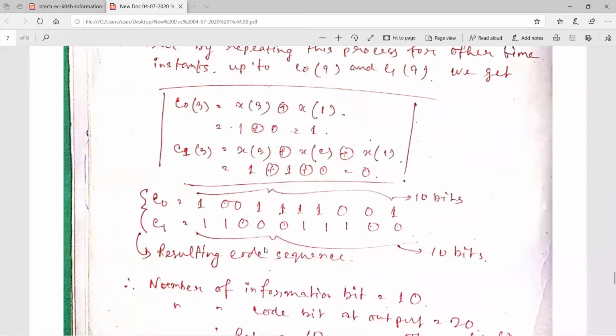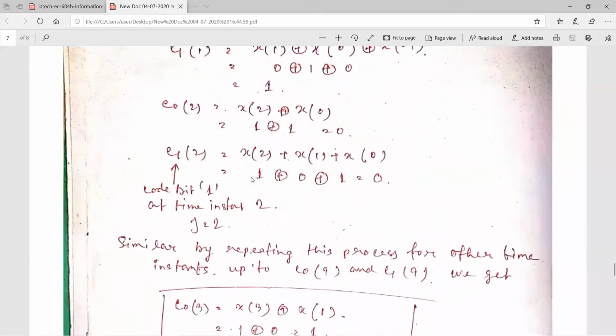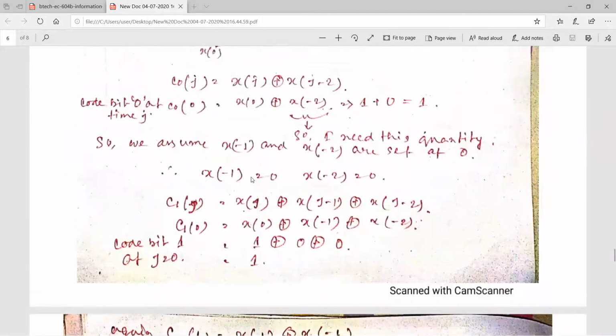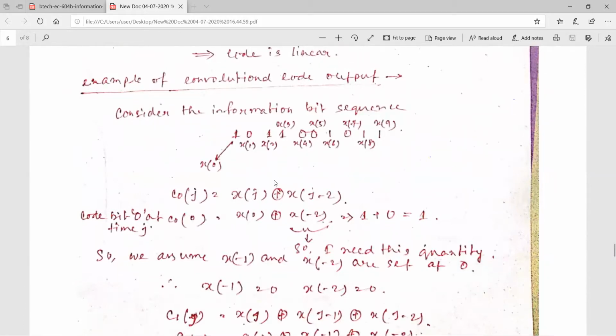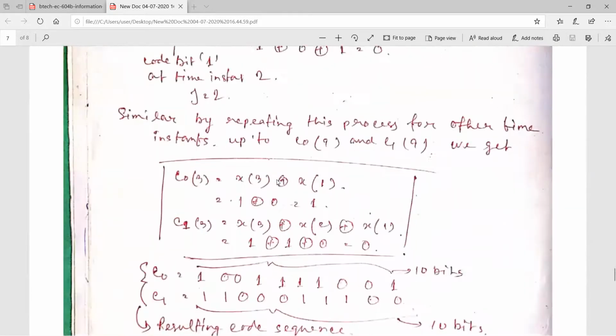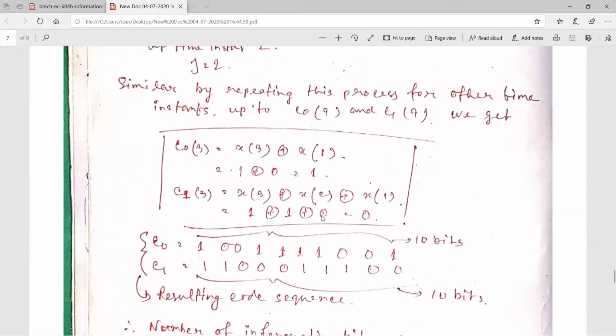Okay, so x3 equals 1. Now x2 equals 1 and x1 is also 0. The XOR function, 1 XOR 1 is 0 and 0 XOR 0 is 0.